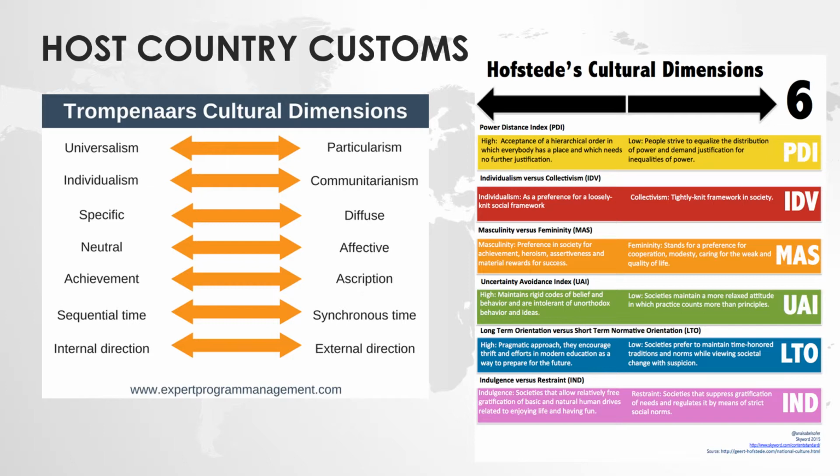For example, Trompinar's individualism versus communitarianism continuum seems to be virtually identical to Hofstede's individualism versus collectivism continuum. However, each scholar's categories seem to contain significant elements of cultural analysis that the other lacks. So studying them both for comparison and contrast is an exercise well worth undertaking.